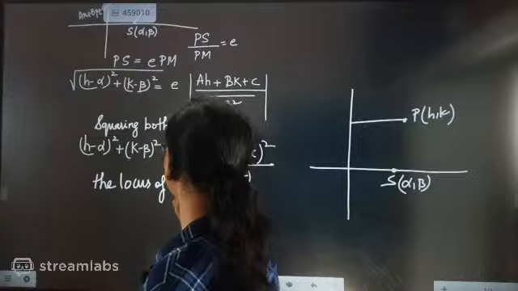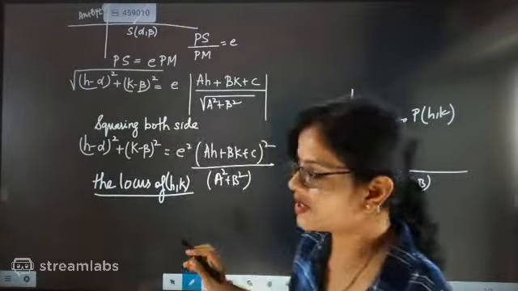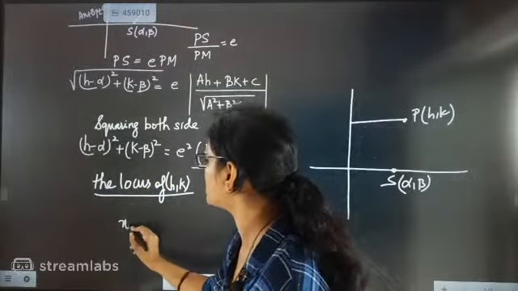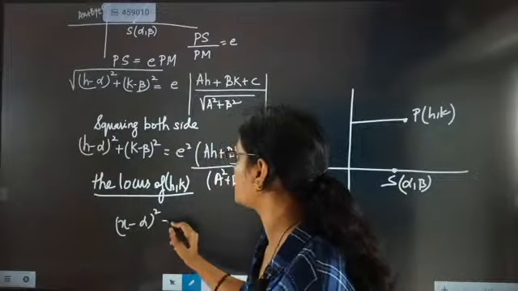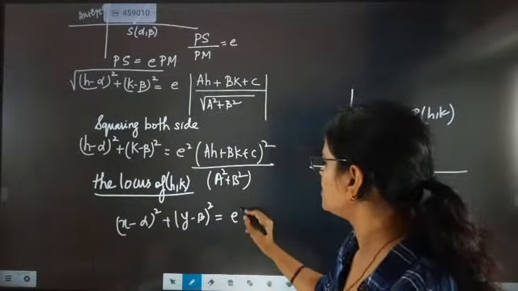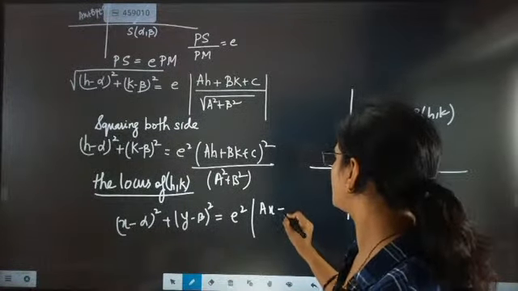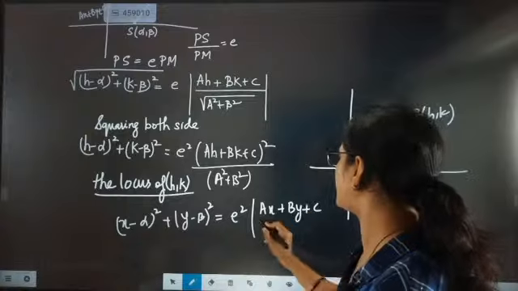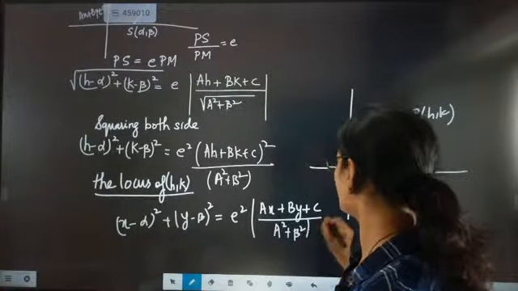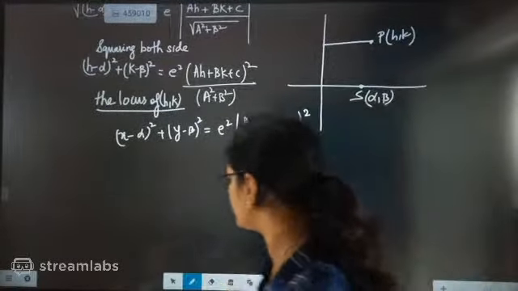The locus of h and k is exactly x and y in general. So this becomes x minus alpha whole square plus y minus beta whole square equal to E square times ax plus by plus c by a square plus b square, whole square. Now, if we solve this, we will get the general equation of the conic.